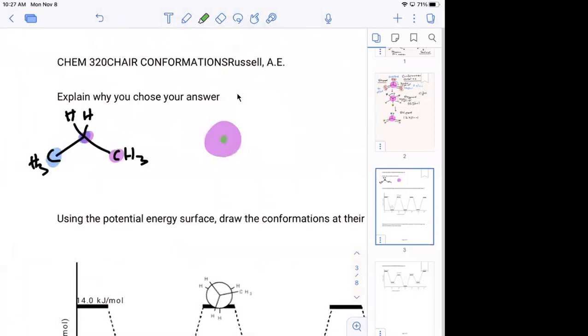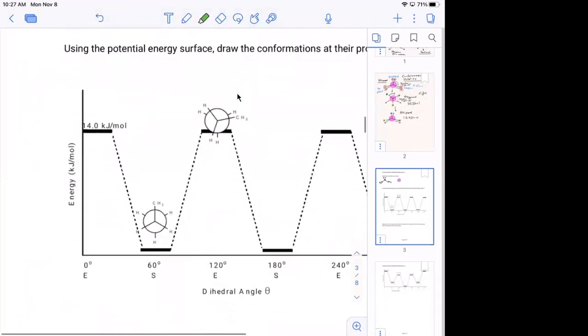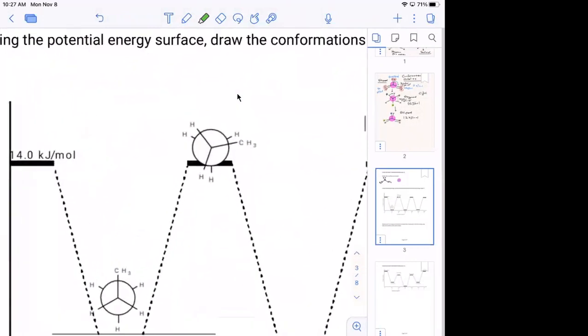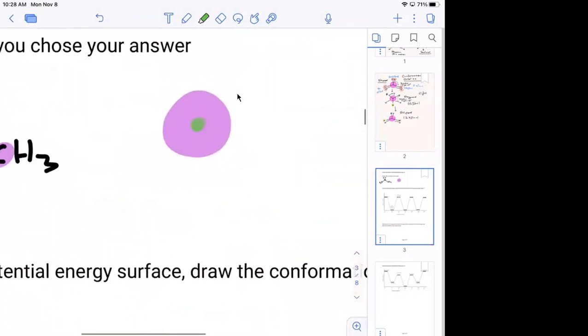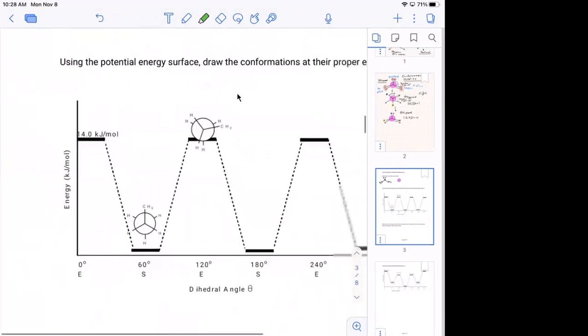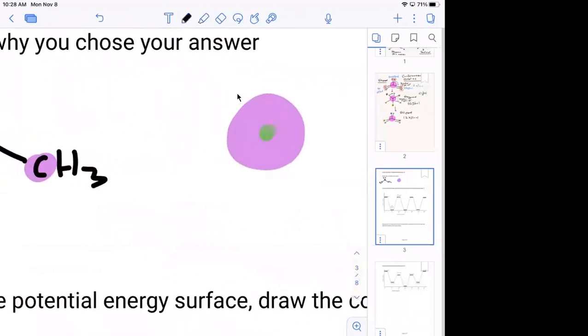So let's start out staggered, because on the energy surface, you can see that this starts out staggered. So I'm going to start it out staggered, but I'm going to put the H's in first.